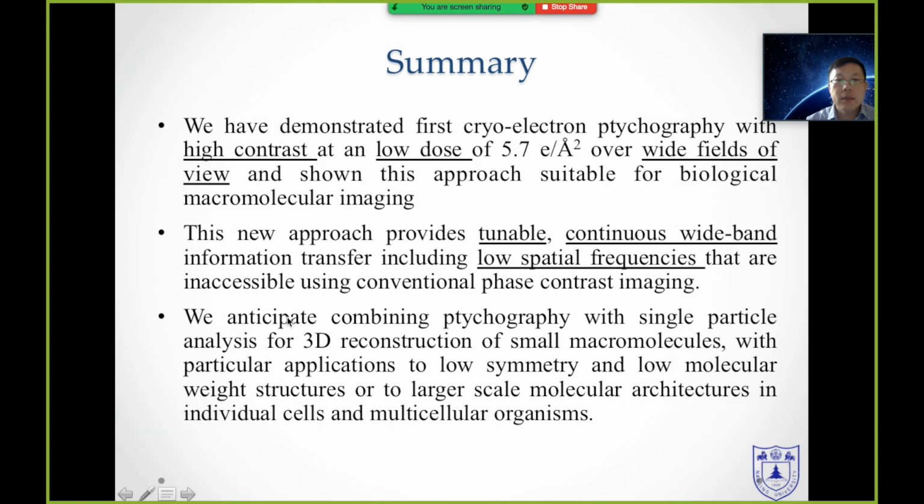We anticipate that by combining ptychography with single particle analysis, we should be able to reconstruct three-dimensional small molecules with low symmetry, low molecular weight, or reconstruct larger scale molecular architecture in individual cells and multicellular organisms.